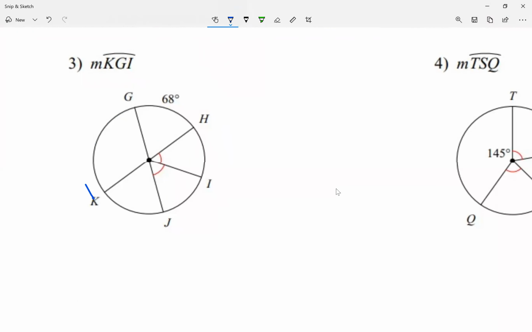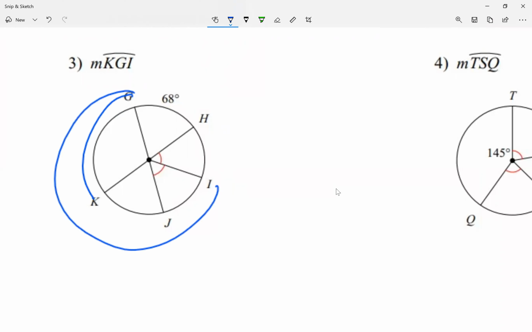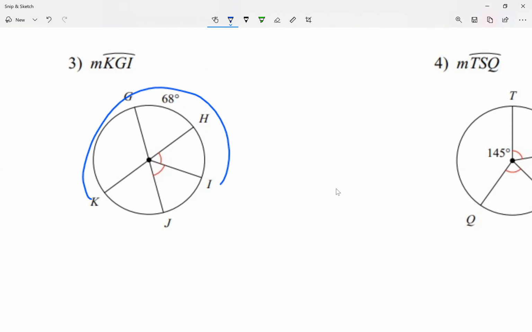Let me go from K to G, and then let me come back to I. And that doesn't work. It has to be continuous, so it has to be nonstop from K, go through G, and all the way to I. So this is the arc that I'm looking for. In red, let me show you the wrong one. So I'm looking for the blue arc.